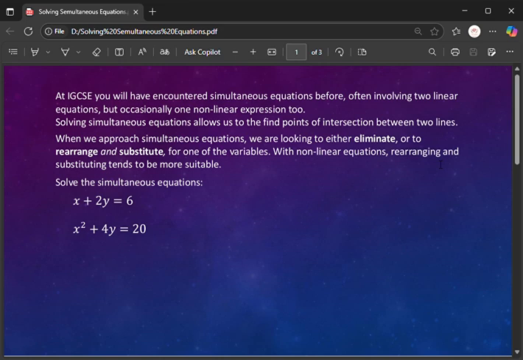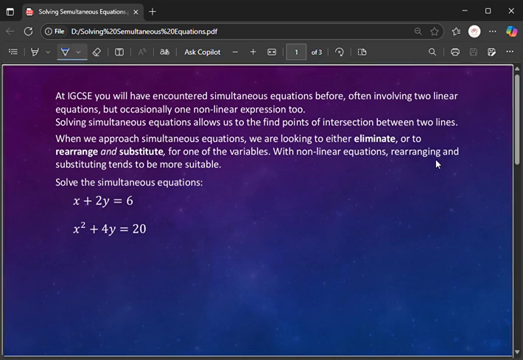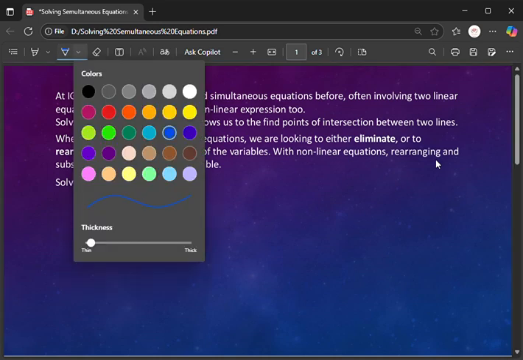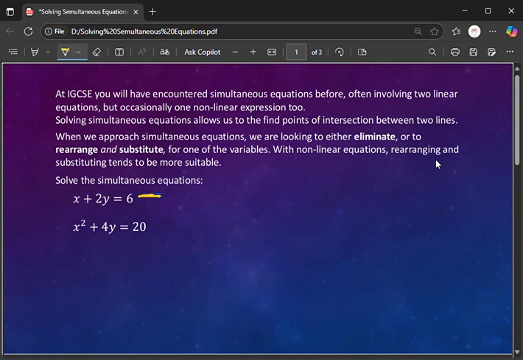I'll write on my screen. So this is an example of a linear equation because the highest power is 1. Someone could say it doesn't have any powers, but there is an invisible one. And this is a quadratic because it has the highest power as 2.